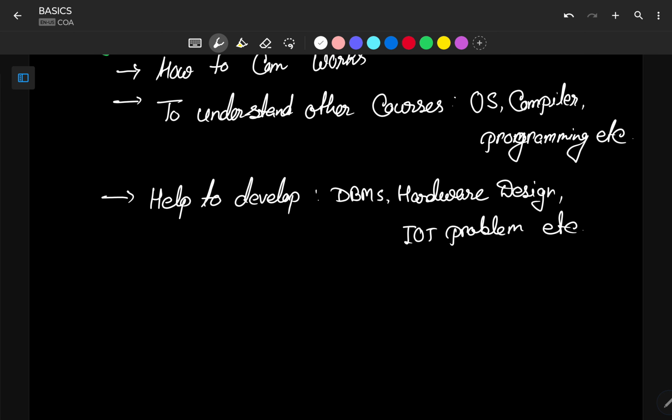Now we are entering our main topic, computer organization and architecture.